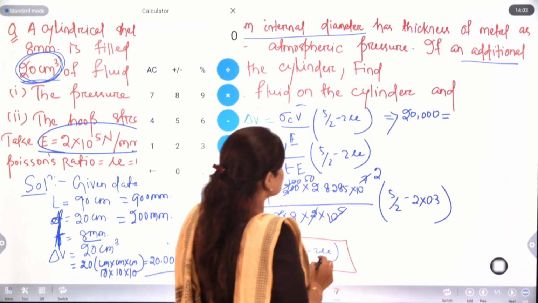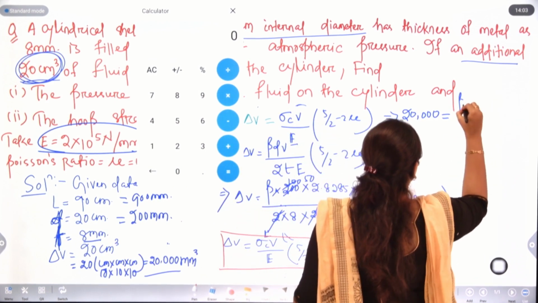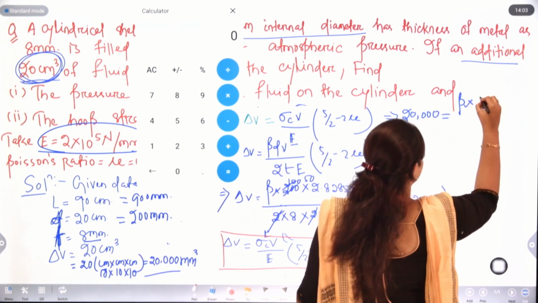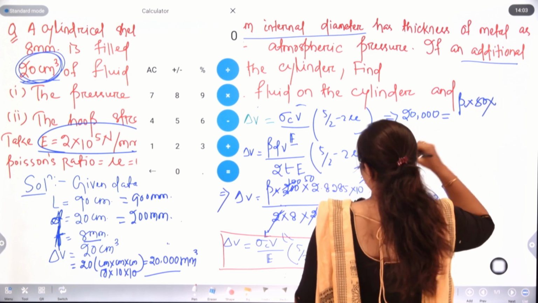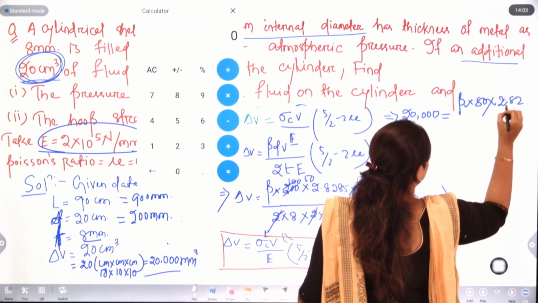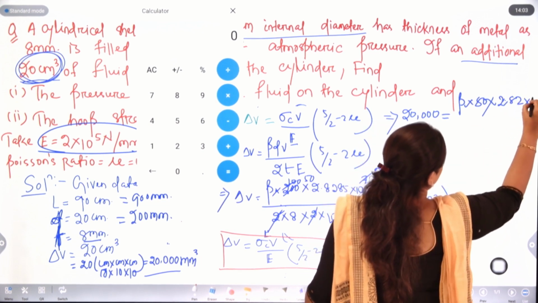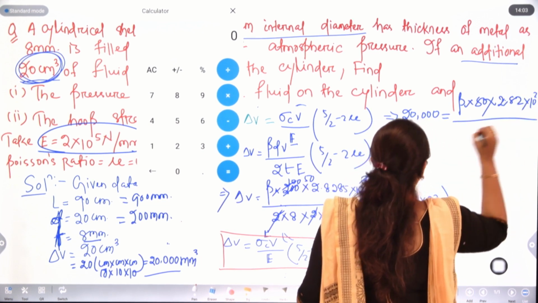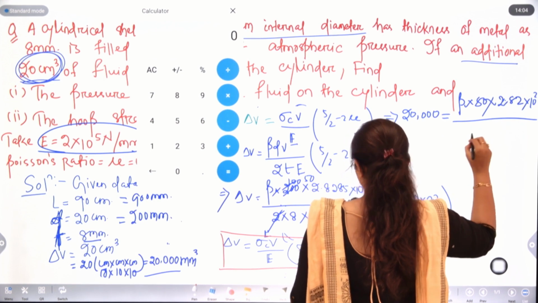Okay. So now what we have, P into 50 multiply with 2.82, right, into 10 square upon what? 8.